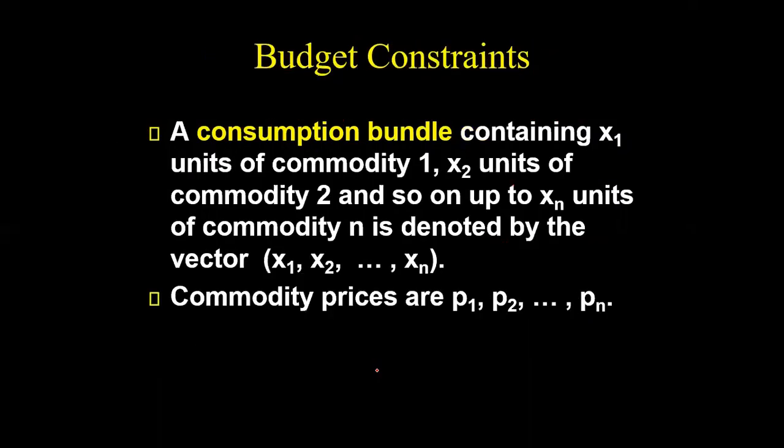So now let's try and understand what a budget constraint is. A bundle containing x1 units of good 1, x2 units of good 2, and so on till xn units of good n is called a consumption bundle. So this is my consumption bundle generally, where I'm consuming some units of good 1, some units of good 2, and so on.